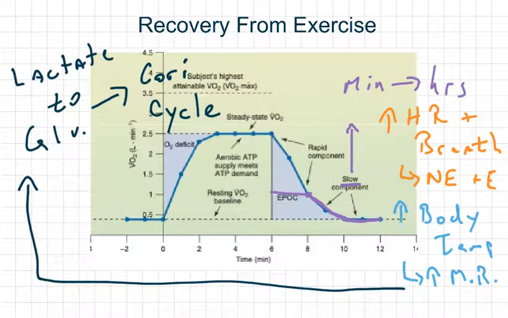The reason why the conversion of lactate to glucose is important is because this shows that lactate is also a form of energy. And so the body is able to utilize a byproduct of the glycolytic process, particularly from the anaerobic glycolytic process, to be able to replenish its own fuel source.